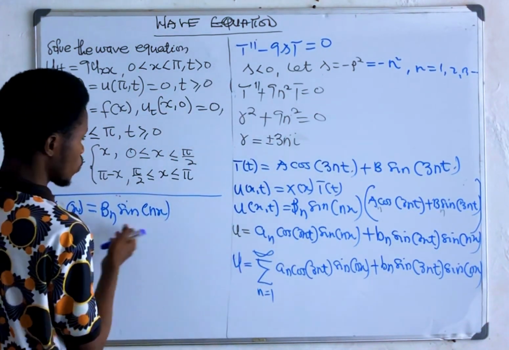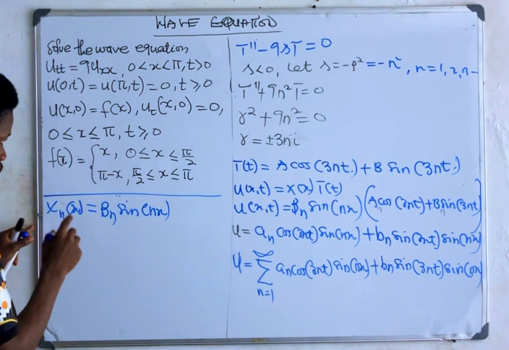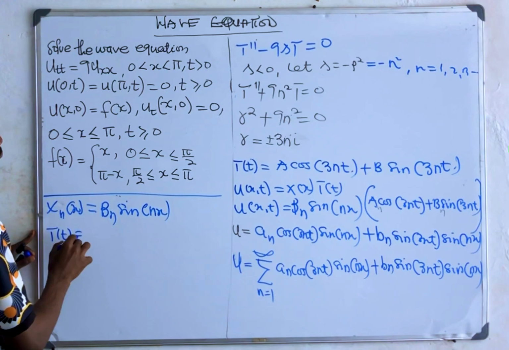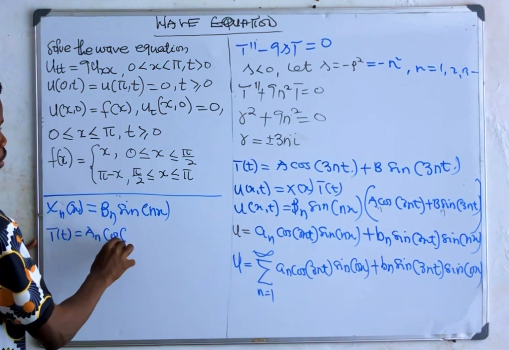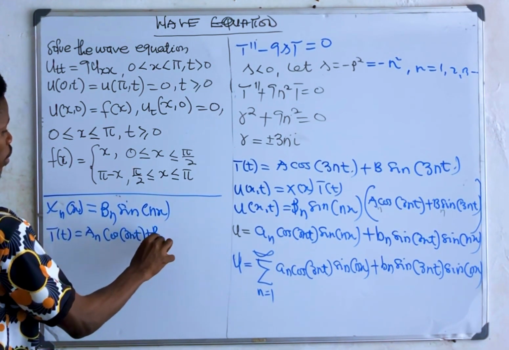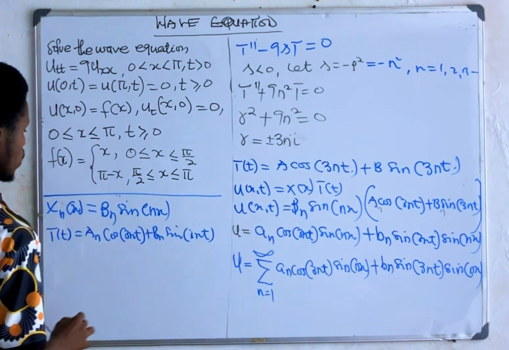Very good. So let me write this one somewhere here so that I won't forget. Even let me write the T of t down here. That one I had an cos 3nt plus bn sine 3nt.